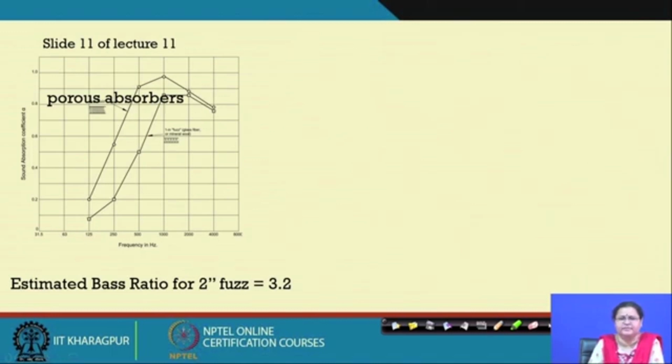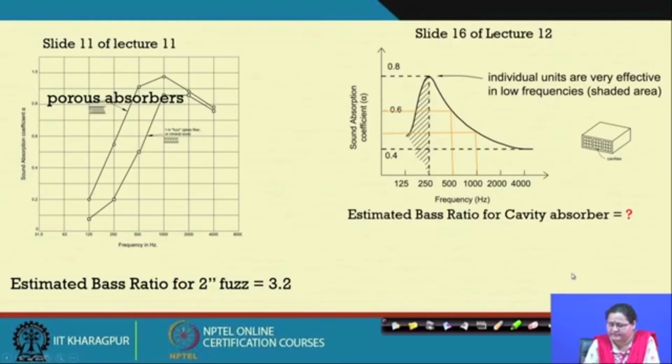So, as we saw in the previous graph, this is also not desirable. So, we have to keep our value within 1.5, 1.45, when the RT against the NRC was 1.8, that was recommended. We see another item, that is slide 16 of lecture 12.